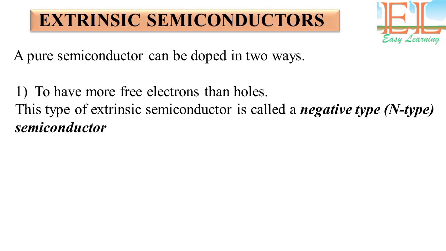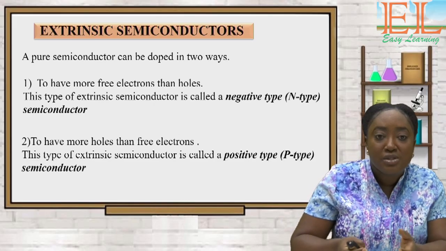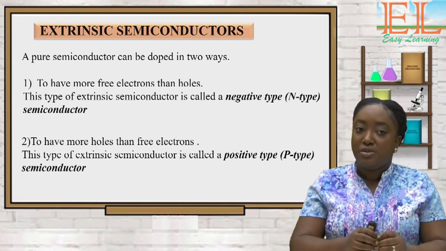The negative stems from the fact that the majority charge carriers in this kind of semiconductor are electrons. And as we all know, electrons are negatively charged. Secondly, we can dope a pure semiconductor to have more holes than free electrons.